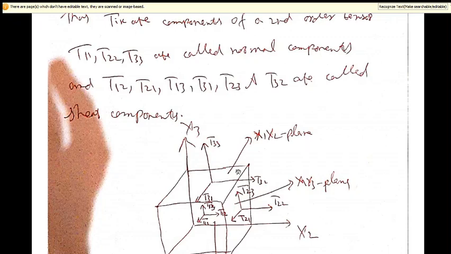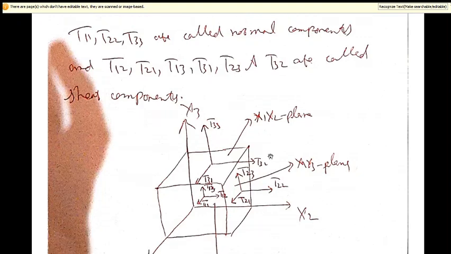Now all 3 normal components, T11, T22 and T33, will be in the directions of x1, x2 and x3. They are understood. Now what is T32?